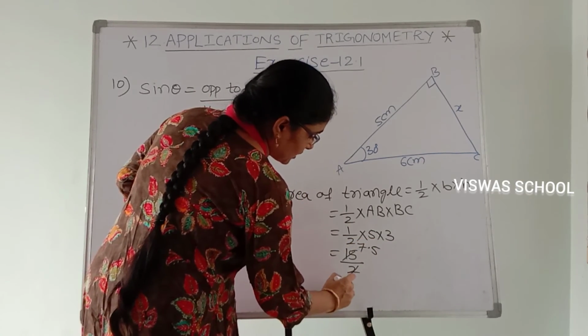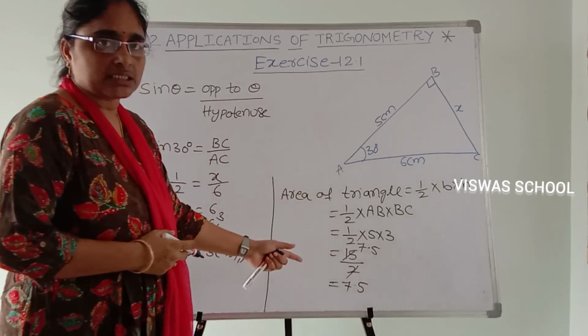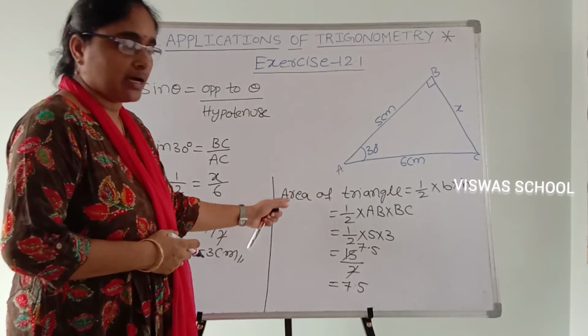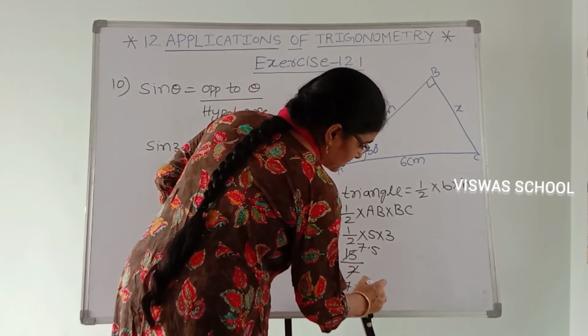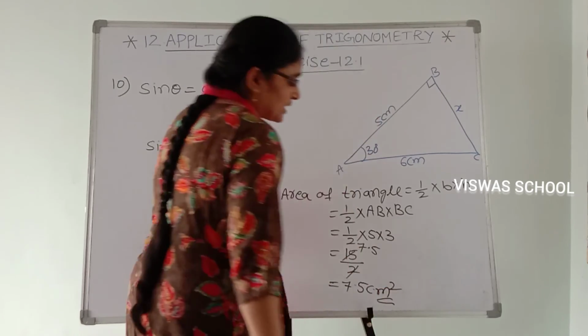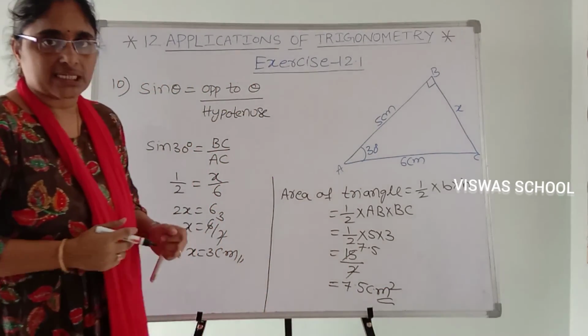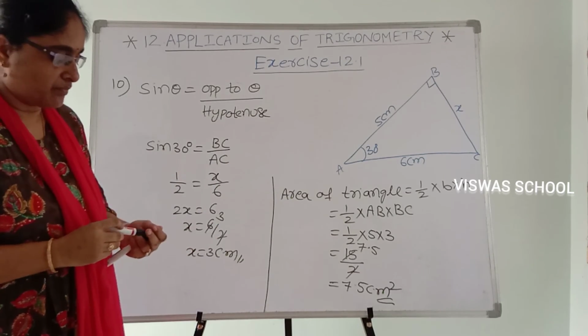So it is equal to 7.5. The area of the triangle is 7.5. This is area, so you write it as square centimeters. 7.5 square centimeters is the area of the triangle.